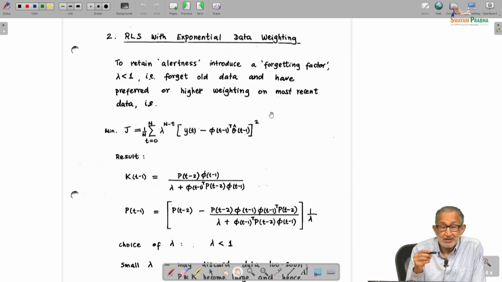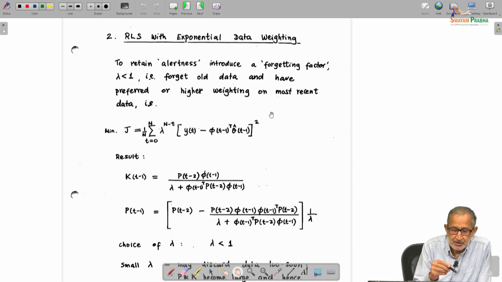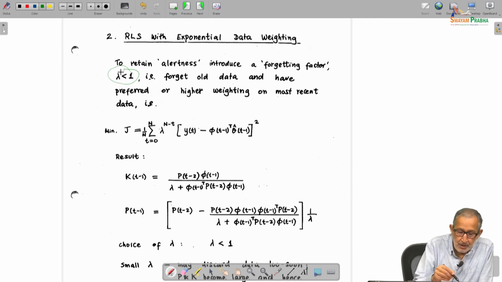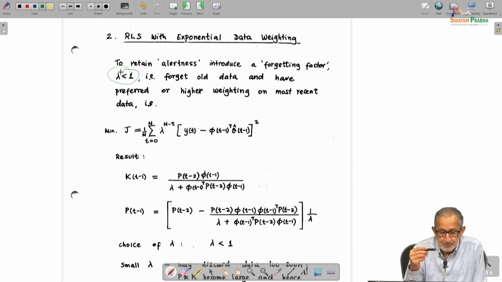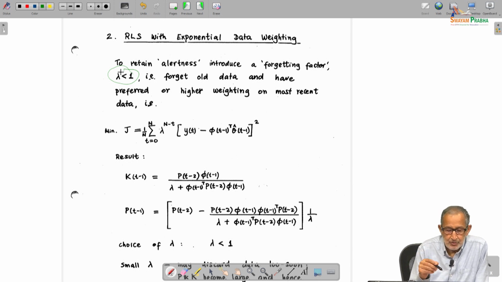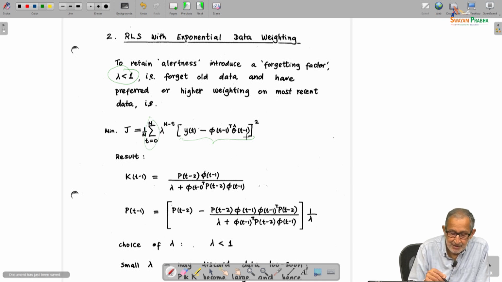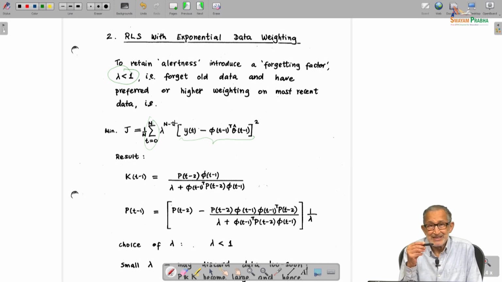To retain alertness, we introduce something known as the forgetting factor. It's a term lambda, a number less than 1. And so here is the modification. Instead of simply minimizing the sum of the squares of the error, here is the summation term, we multiply this term lambda to the power n minus t.